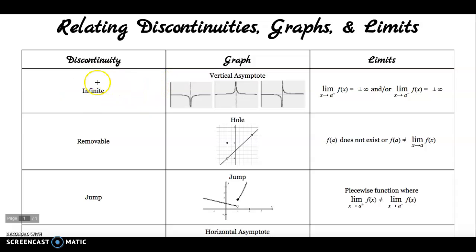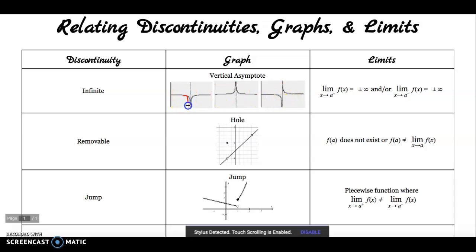So the first discontinuity we're going to talk about is an infinite discontinuity. Your graph should already be on there for you, but basically anytime you see a vertical asymptote, that's where you have an infinite discontinuity. And what that means is the limit of your function as you approach a certain value from either the right or the left goes to positive infinity or negative infinity. And we can see that on the graphs, right?